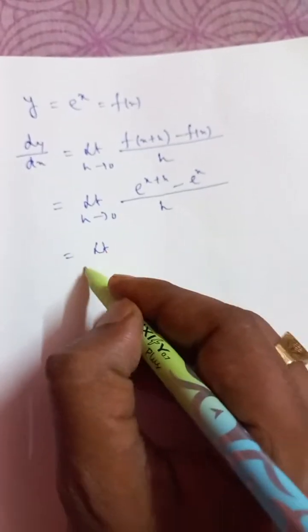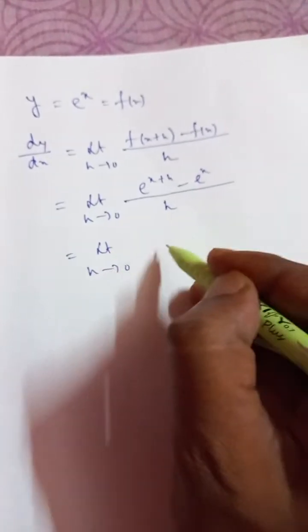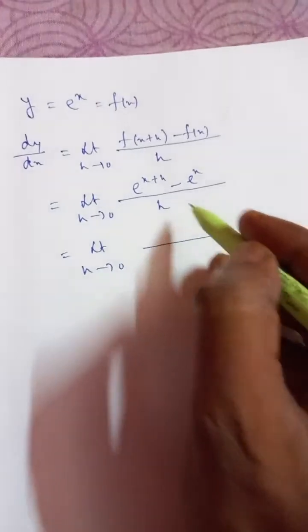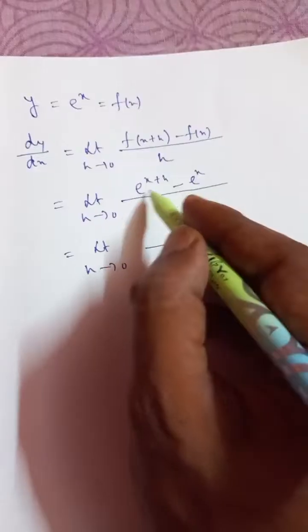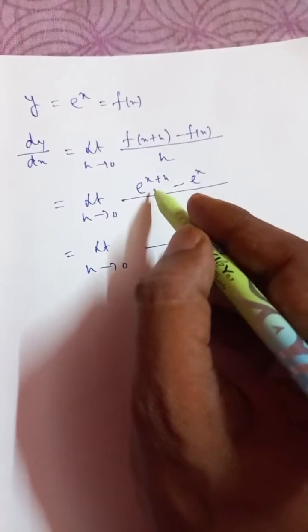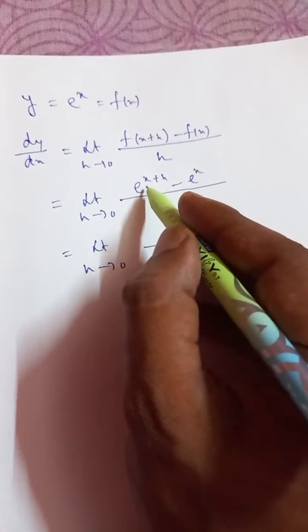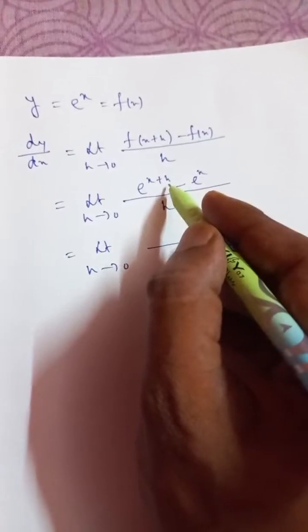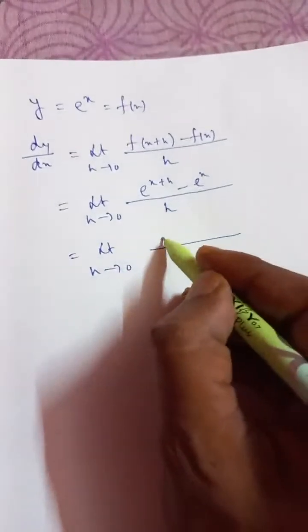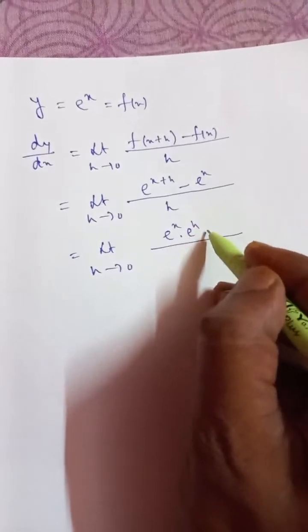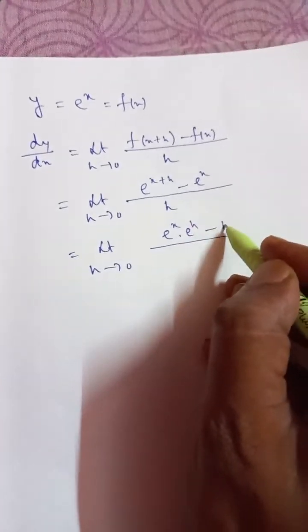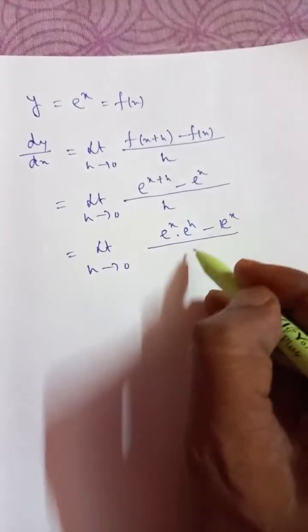This can be broken down actually, e to the power x multiply e to the power h, minus e to the power x, by h.